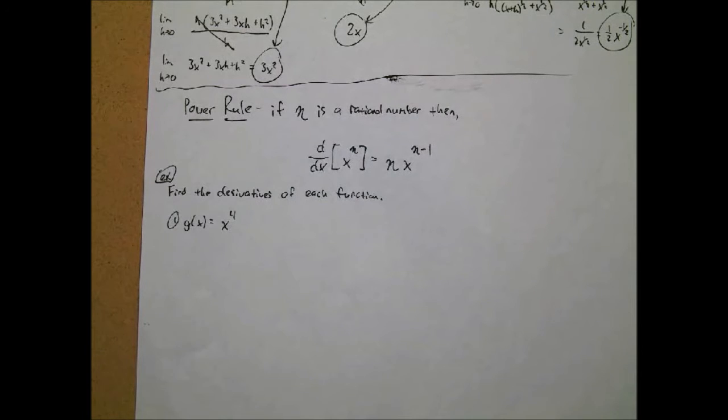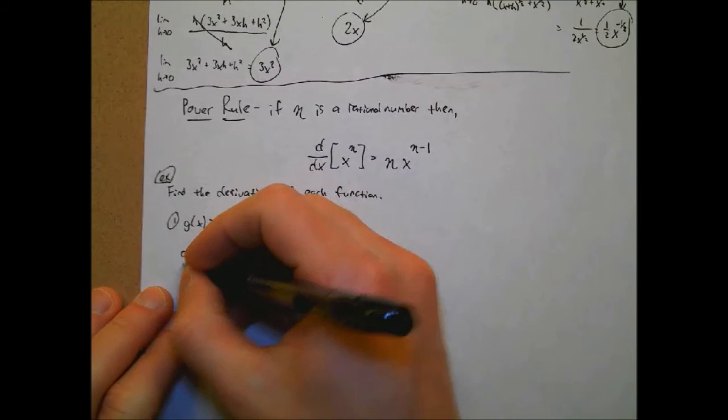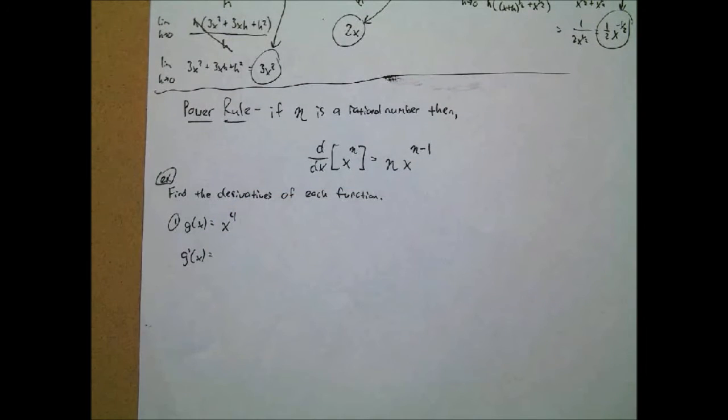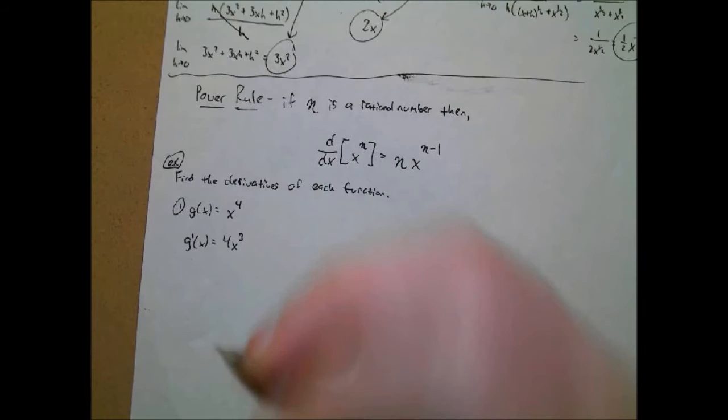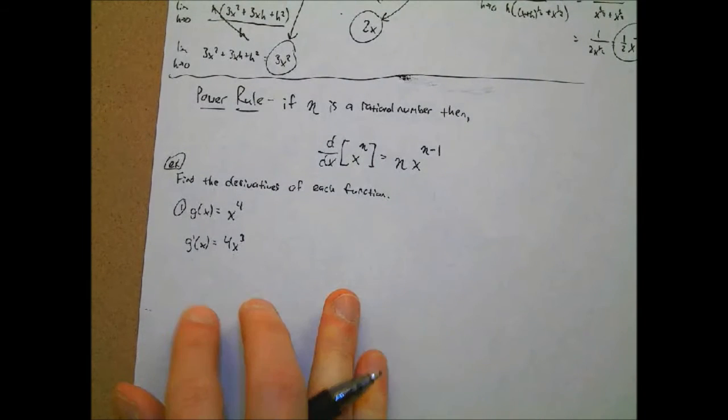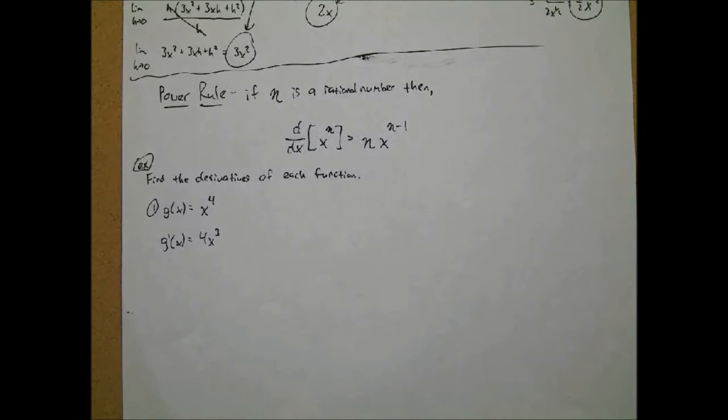So then, g prime of x will be what? 4x to the 3rd. 4 times x to the 3rd. Exactly right. Just bring the power out front and then lower the power by 1 to get your new power. You have to write the prime. G prime of x, right? Because we wanted to note that this is now the derivative of that original function g.